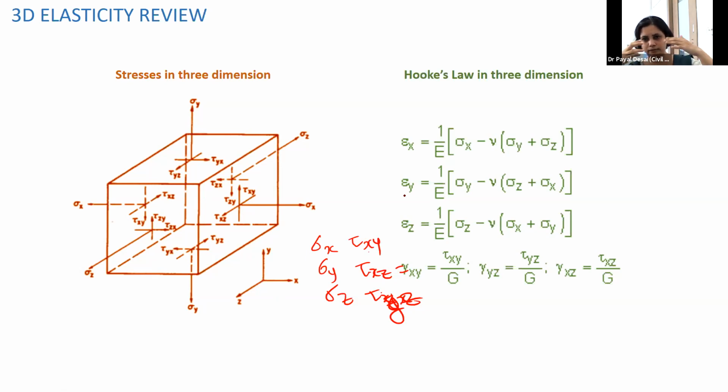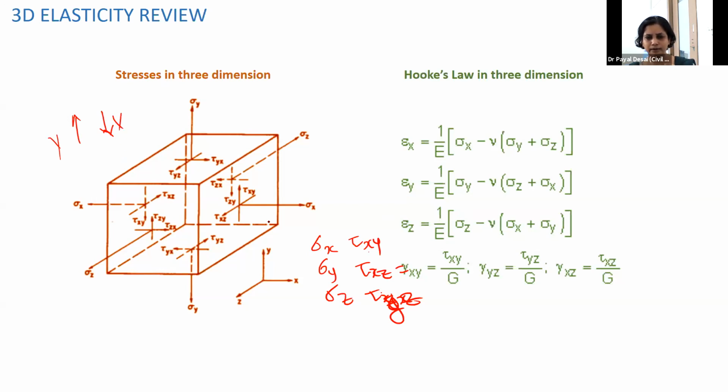For normal stress, the sign convention is easy to determine. The tensile stresses are positive, compressive stresses are negative. So sigma x, y, z sign convention is easy to determine, but the shearing stress sign convention is very similar to our shear strain sign convention of the beam that we are determining here.